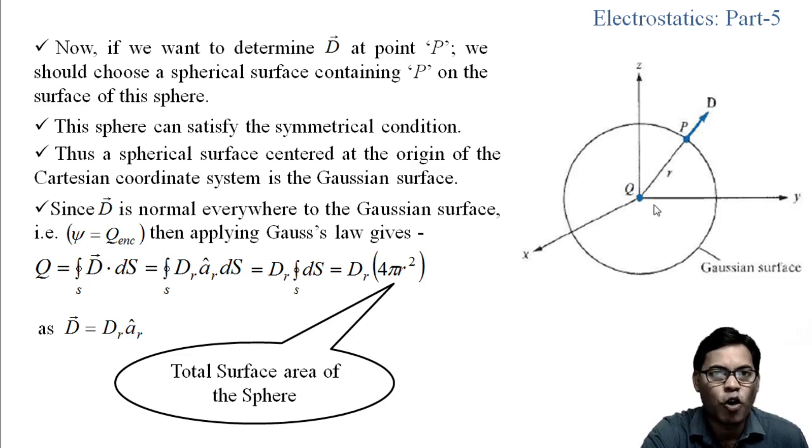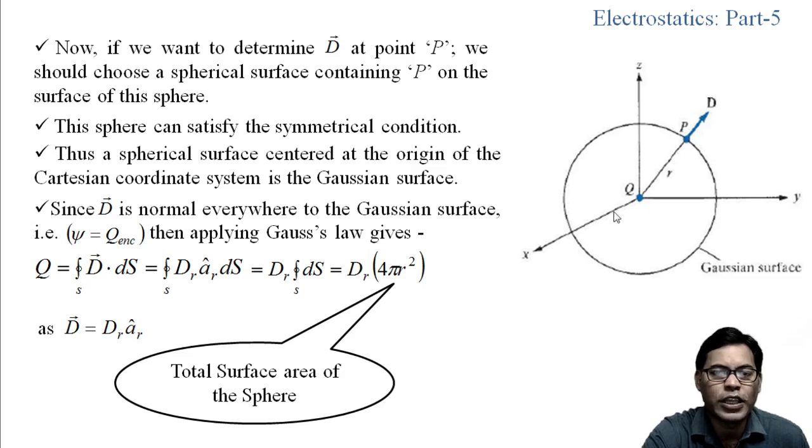So we can draw a spherical Gaussian surface so that we get the same flux density everywhere. On the Gaussian surface which we are drawing, we are going to consider the point P and calculate the flux density there, and the radius of this spherical surface is r. Now since D is normal everywhere to the Gaussian surface, the total flux coming out from this sphere will be equal to the charge enclosed.